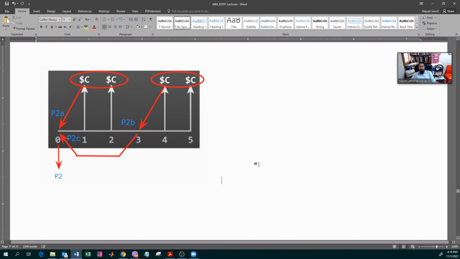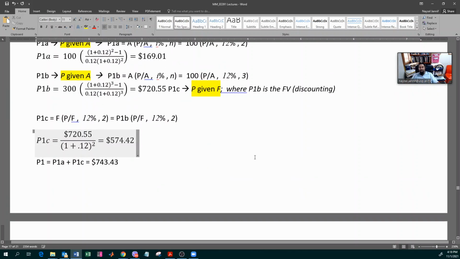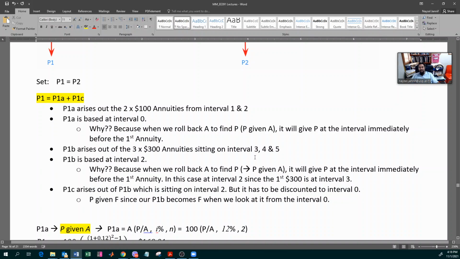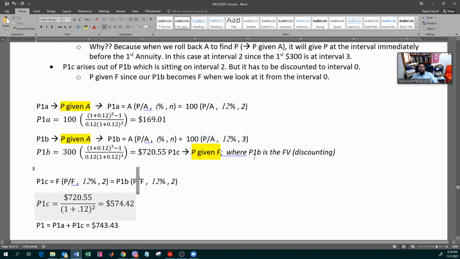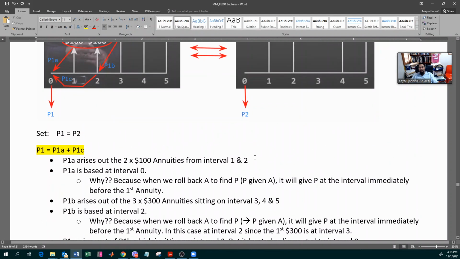All right, there we go, guys. Okay, nice and dandy. All right, now, so what is P2 equal to? P2 is equal to P2A plus P2C. Okay.